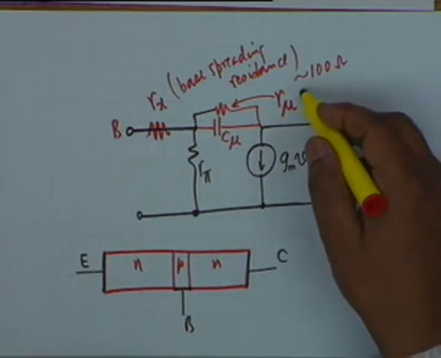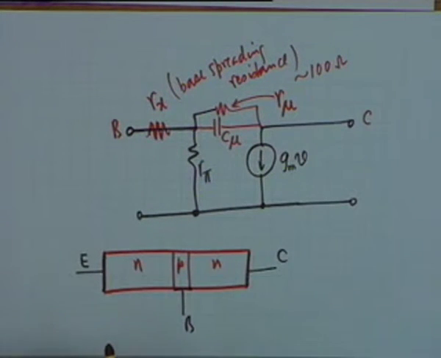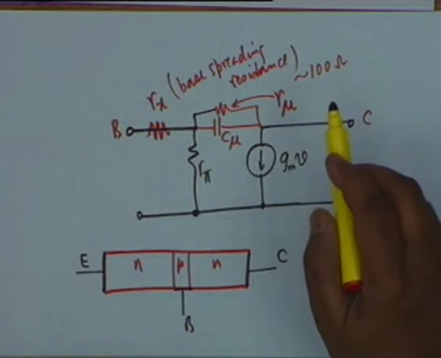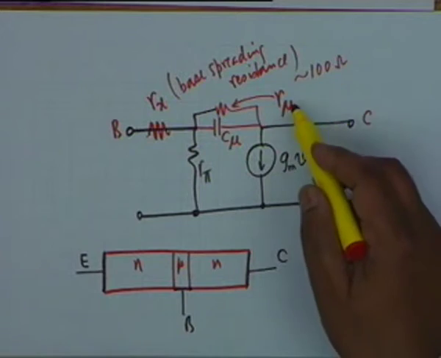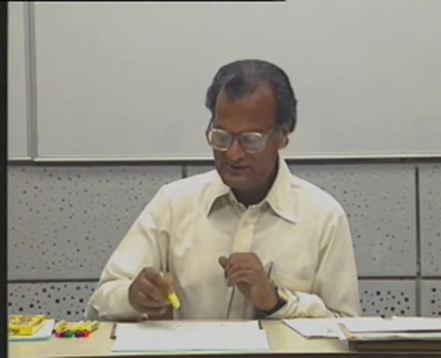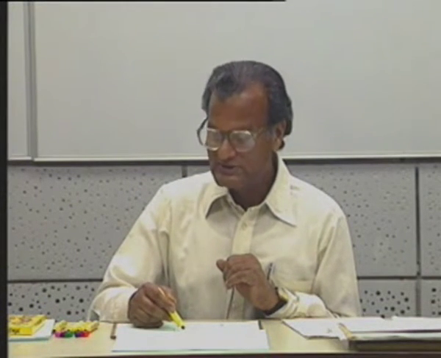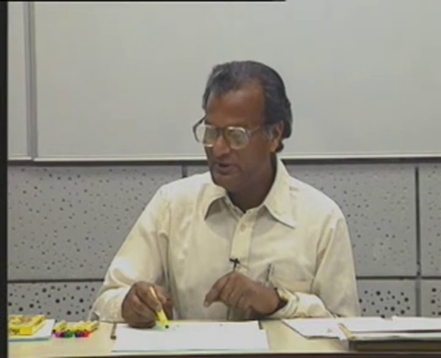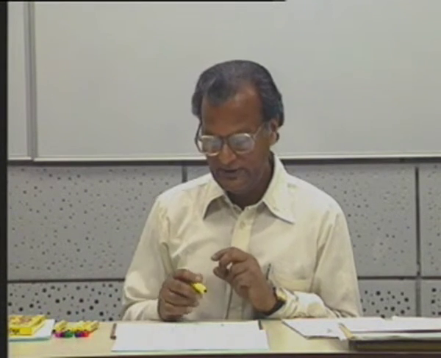R mu is usually very large, of the order of several megs, and in usual circuit considerations, R mu can be ignored compared to 1 by omega C mu. At high frequencies, when C mu comes into consideration, it dominates, that is 1 by omega C mu is much smaller compared to R mu. So, R mu can usually be ignored, alright.